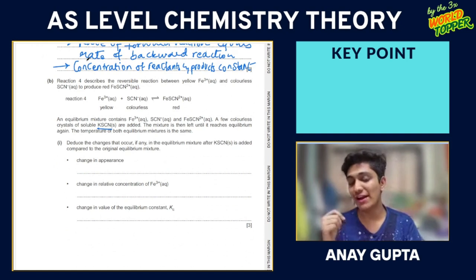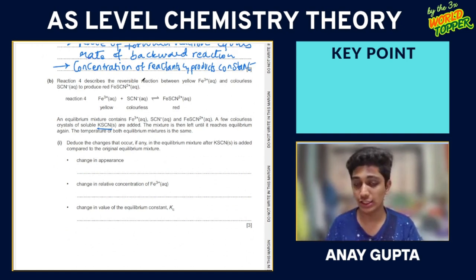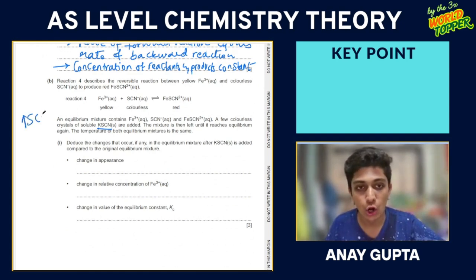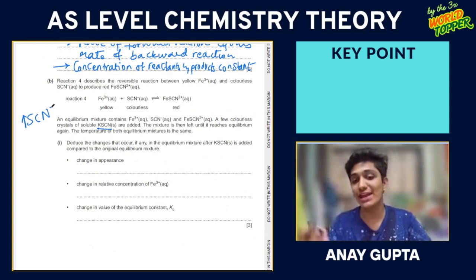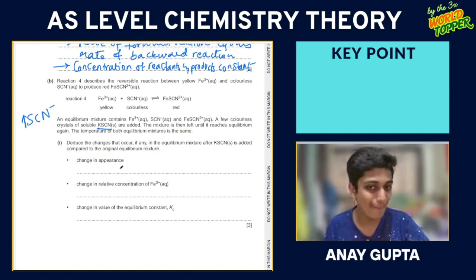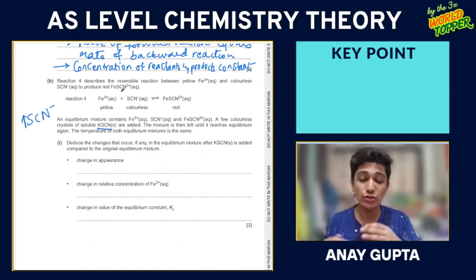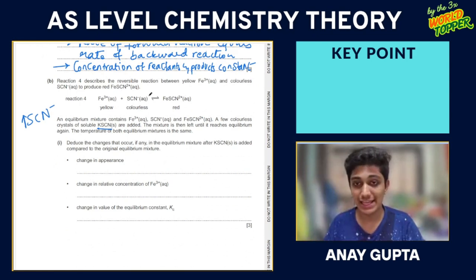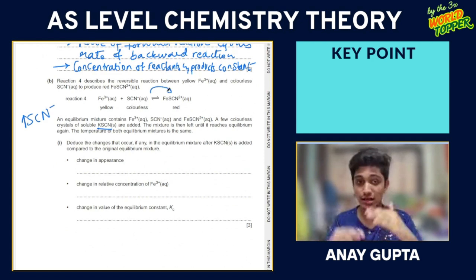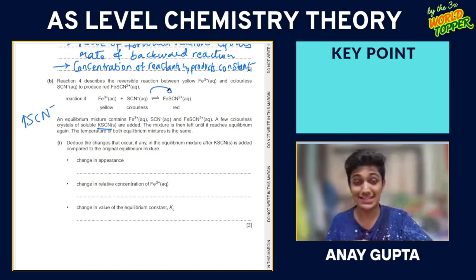So the only factor that is changing here is the concentration, because if I add KCN into the mixture, that will increase the concentration of SCN- ions. Deduce the change in appearance. If the SCN- concentration rises, the equilibrium will shift to the right, to balance the change in concentration of SCN-.